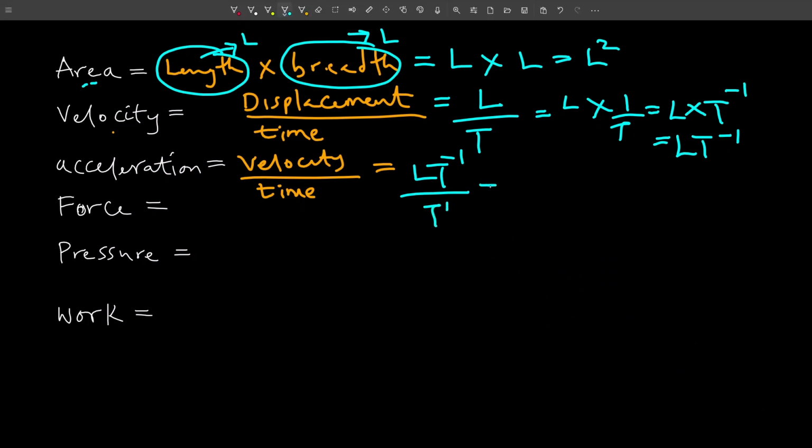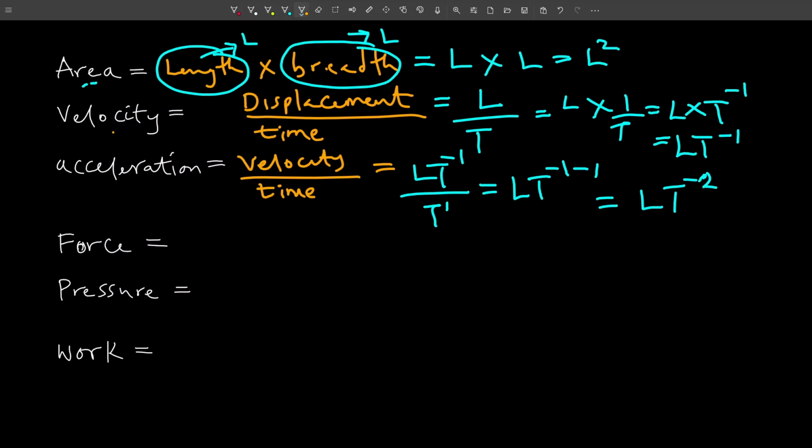Applying the principles of indices, we have L T raised by minus 1 up here. Division in indices becomes subtraction, so minus 1. I picked one of the bases because they are the same, if you remember the principles of indices. So it gives me LT raised by minus 2. This over here is the dimension for acceleration.